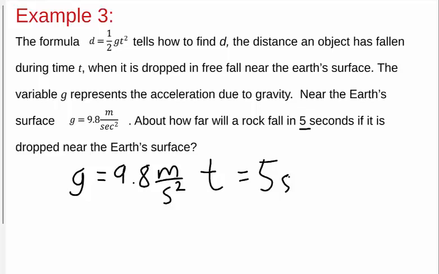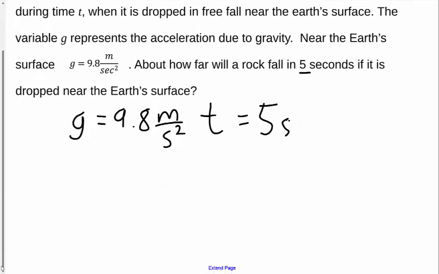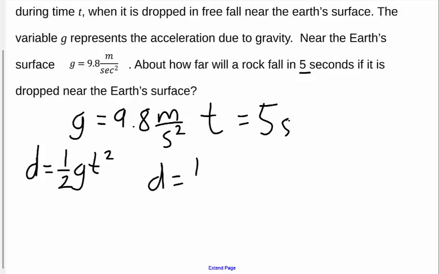Okay, so now we can evaluate. So our equation is d equals 1/2 gt squared. So we plug in. D equals 1/2 times 9.8.